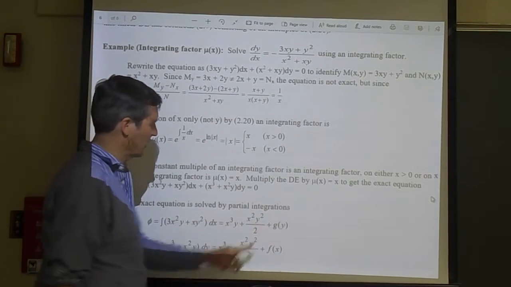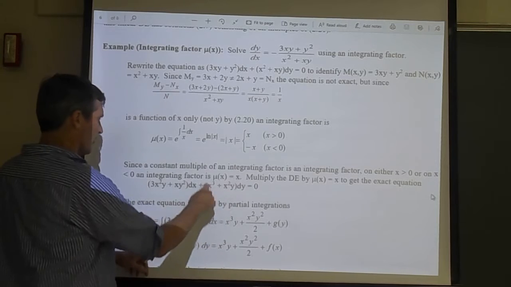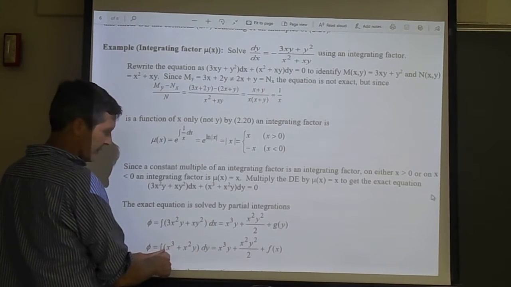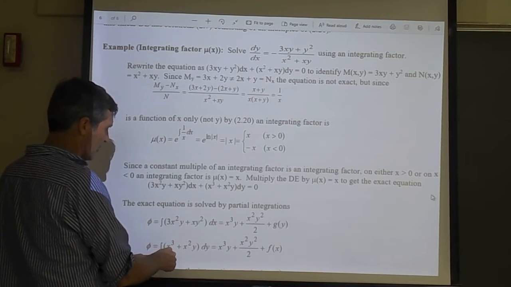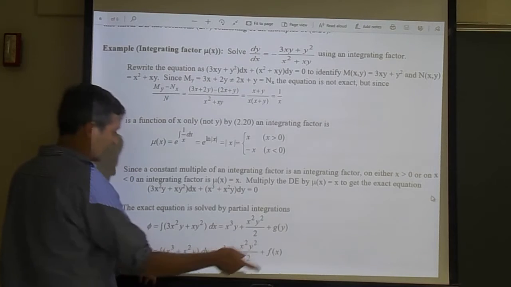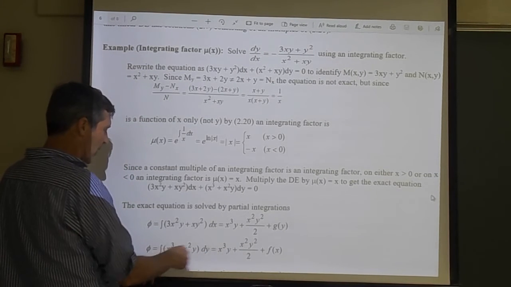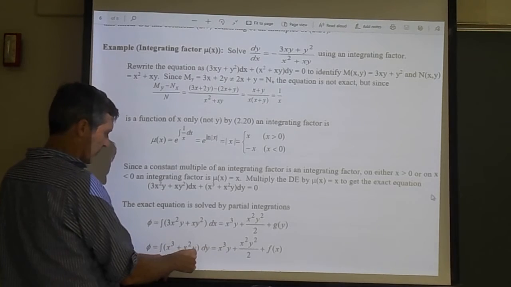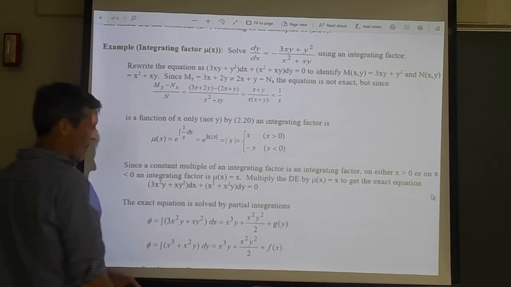Partial integral of this one with respect to y, reminding you from last time, means you integrate this treating y as a constant, so the arbitrary constant you add on for the integral can be any function of x, treating x as a constant. Integral of x cubed with respect to y is x cubed y. Integral of x squared y with respect to y is x squared over 2 times y squared.